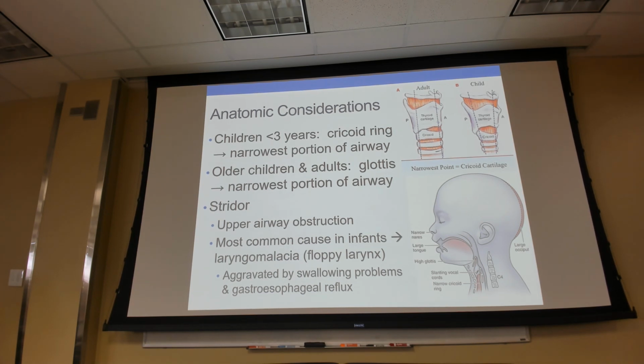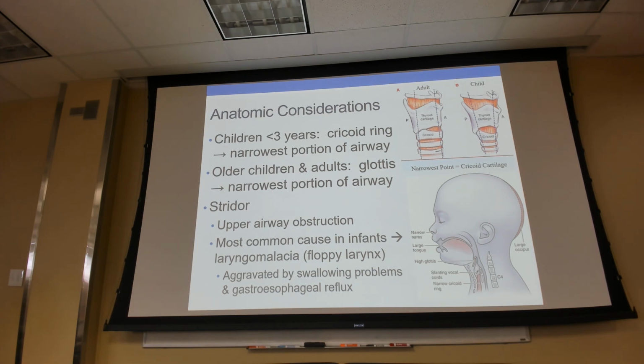The other thing to think about for stridor is that it's that inspiratory sound from something obstructing that upper airway. So classically, we've all learned croup for stridor, but laryngomalacia is going to be the other thing that you see, where the larynx itself is floppy. You've seen babies, they look kind of floppy.